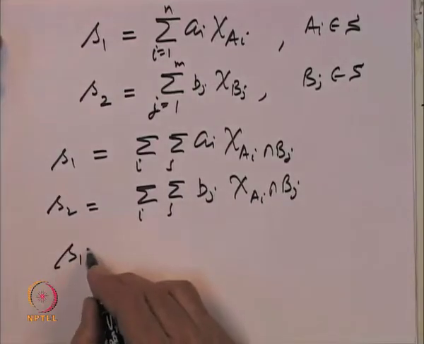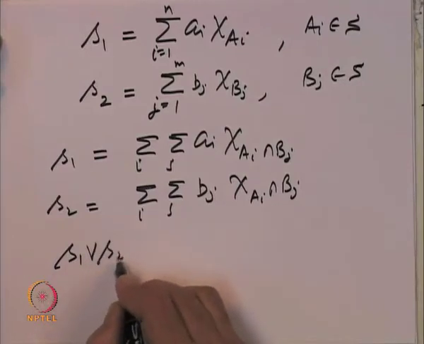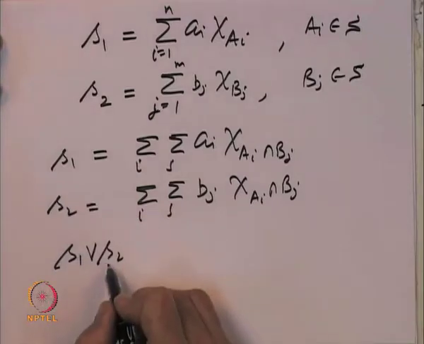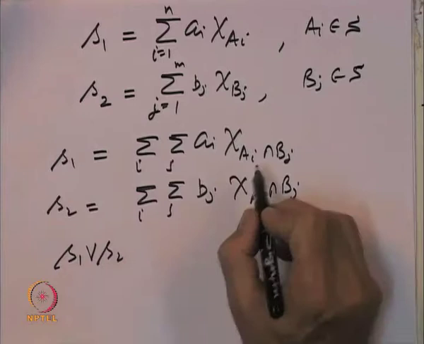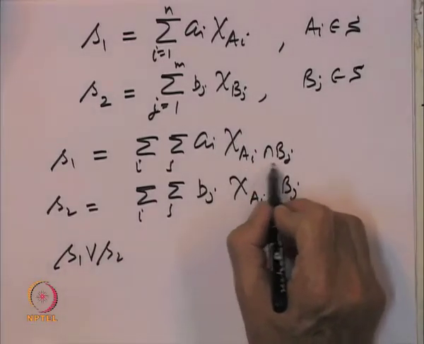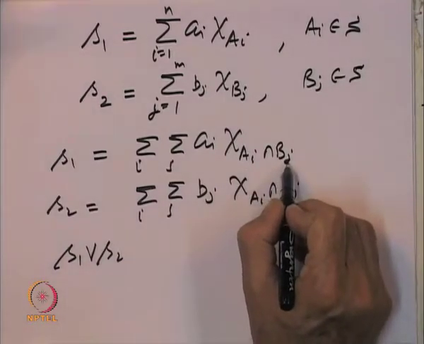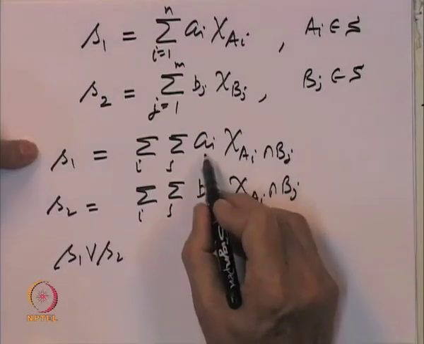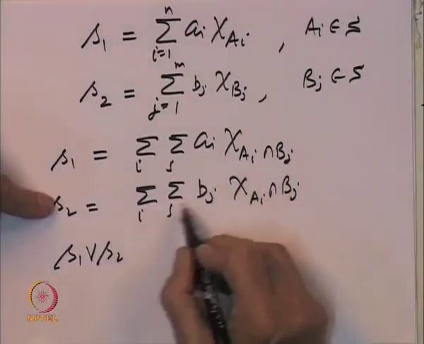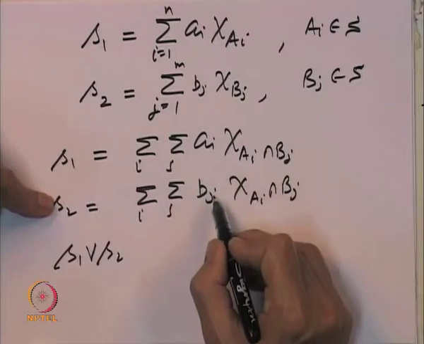Then S_1 maximum S_2 at any point x. So, we want to define what will be at any point x the value of this. So, look at a point x, either it will be in one of the sets a_i intersection b_j, then S_1 will give the value a_i, S_2 will give the value b_j, and the maximum of that has to be put.